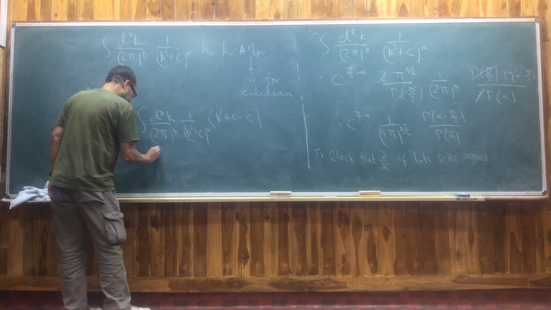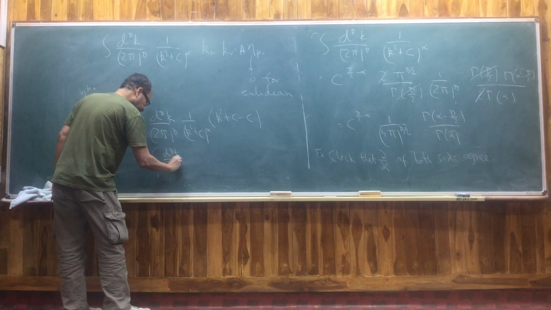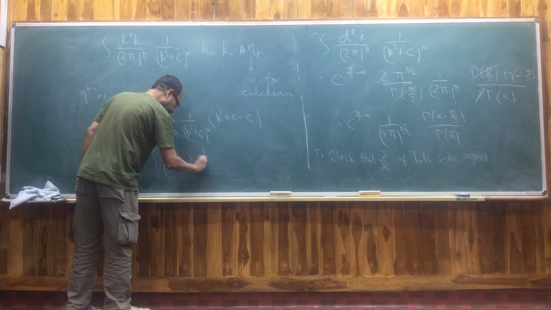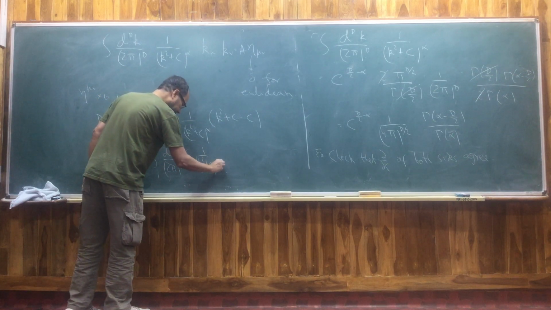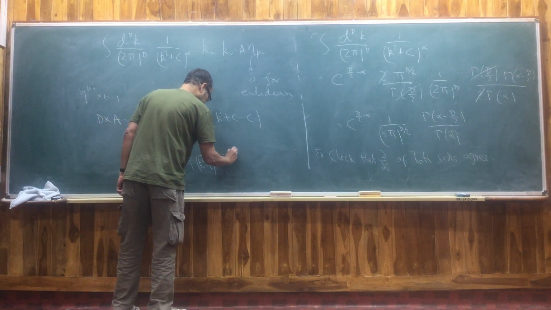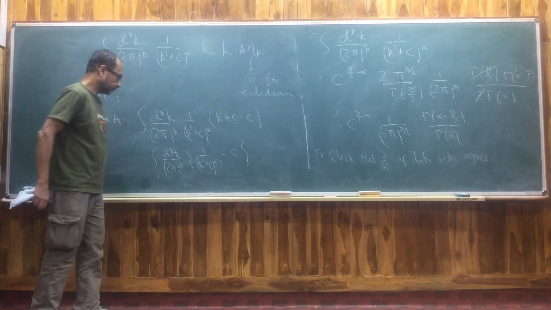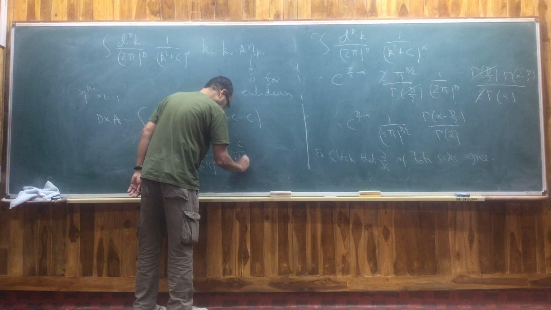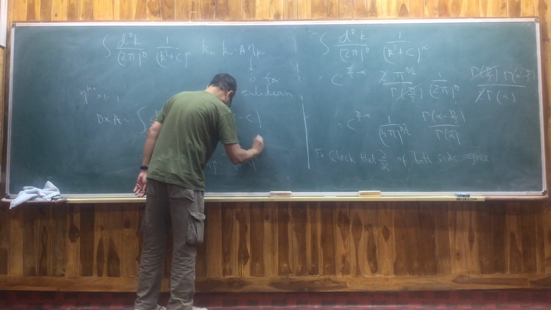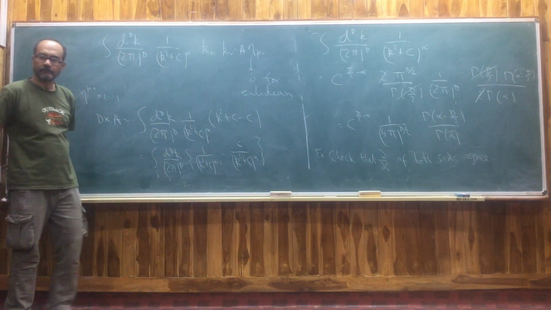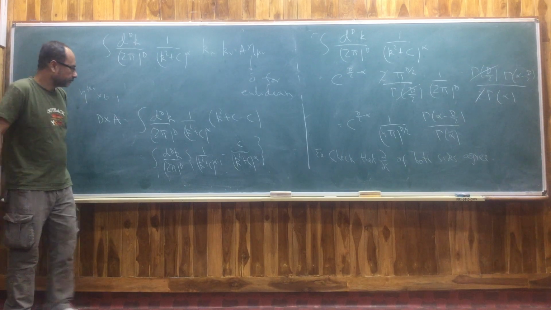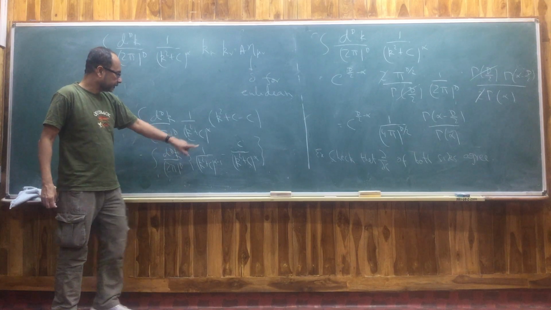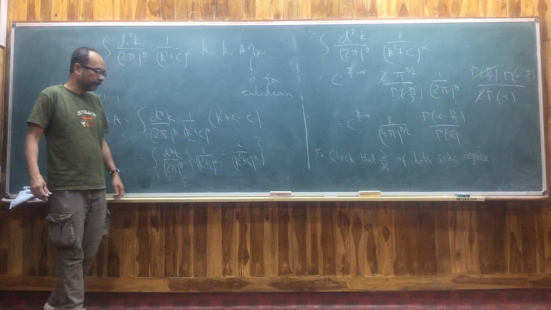So this is the integral d^dk over (2π)^d of 1 over (k² + c)^{α−1} minus c over (k² + c)^α. I just cancelled one factor of k² + c from the first term. The second term was just minus c over (k² + c)^α.